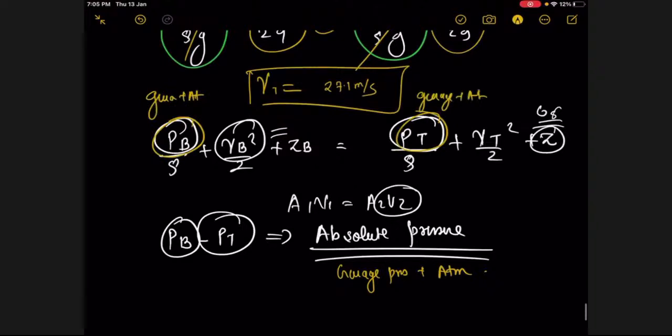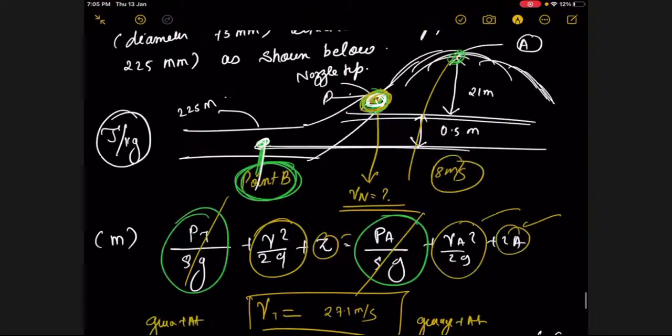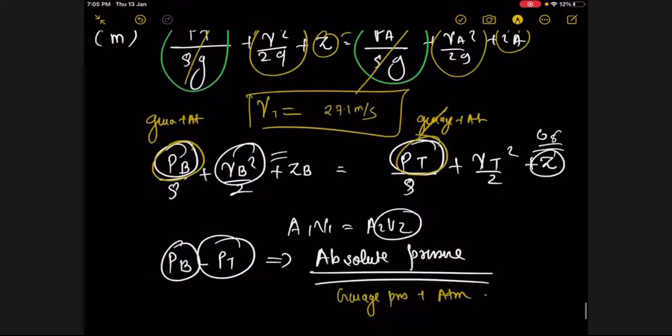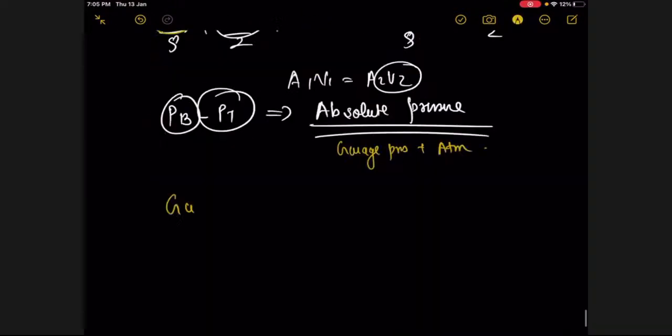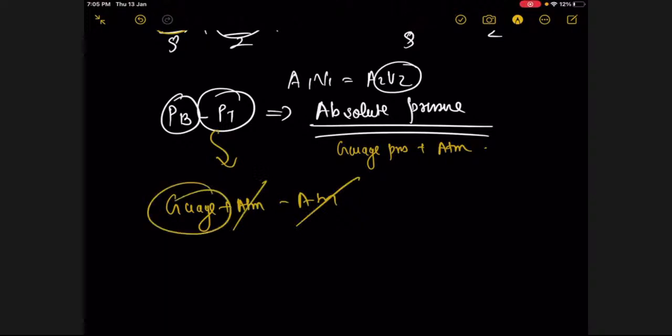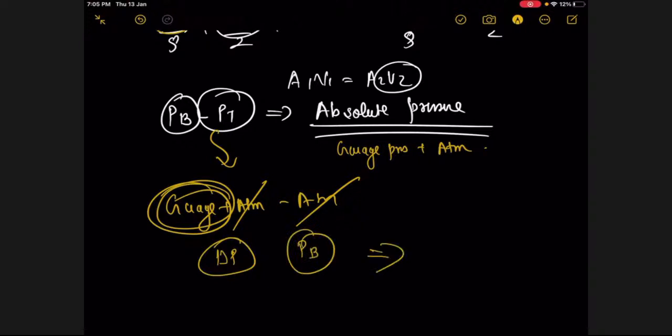If you see this diagram, PT is at atmospheric, meaning gauge is 0. If you subtract, gauge plus ATM minus ATM, the ATM is cancelled. So whenever we calculate with one at atmospheric, the delta P is nothing but the gauge pressure at point B. You can easily get this.